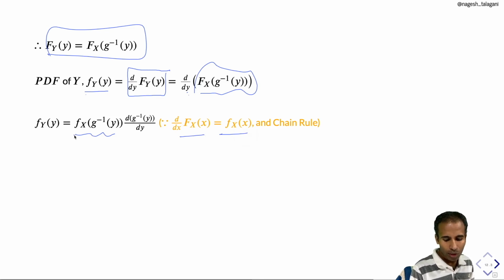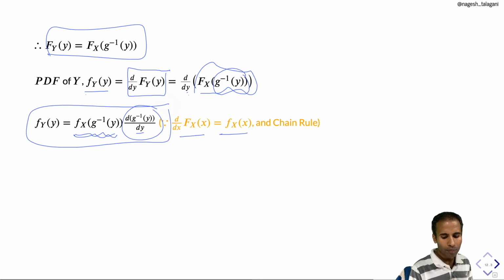So it's going to be f_X of g inverse y, and by the chain rule we need to differentiate g inverse y, which gives the derivative of g inverse y with respect to y. Now this is the PDF of Y we got.